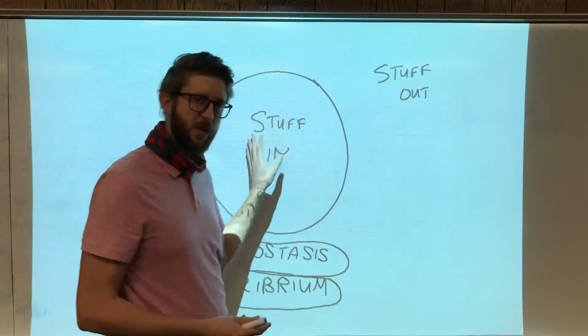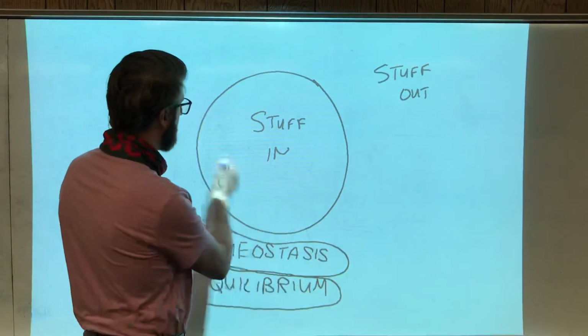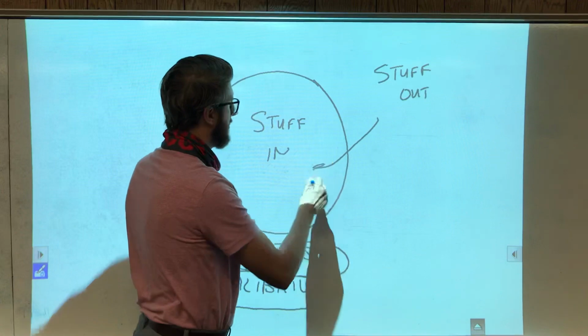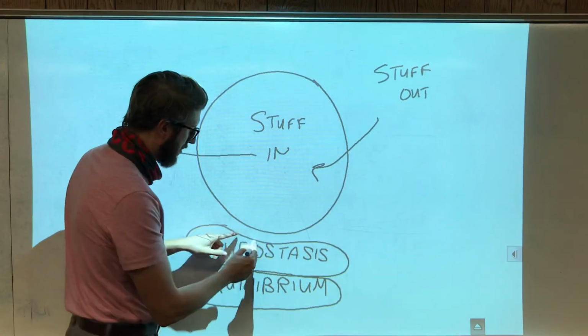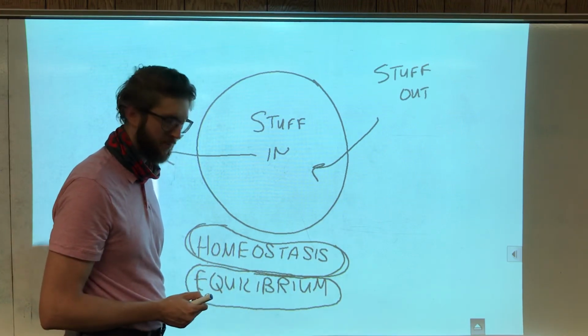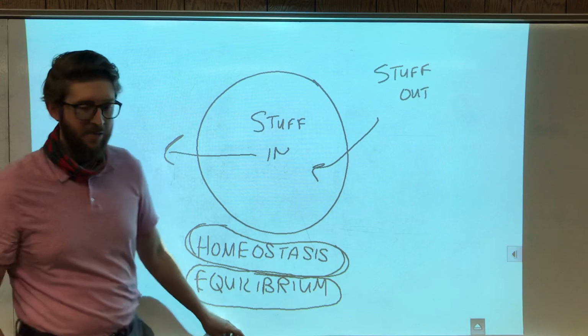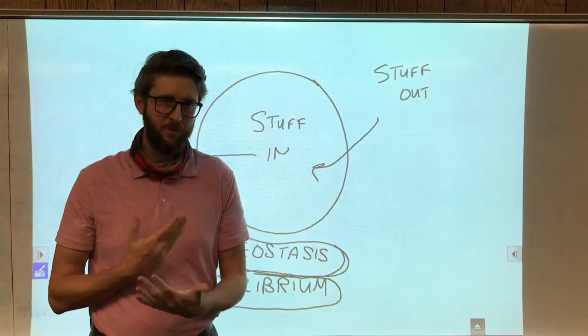And the cell has stuff, there's stuff outside the cell, there's stuff inside the cell. Some stuff in needs to go out, some stuff out needs to come in. And the reason it does it is because it's trying to obtain a happy environment, homeostasis. And that is it in a nutshell for this video on active and passive transport.